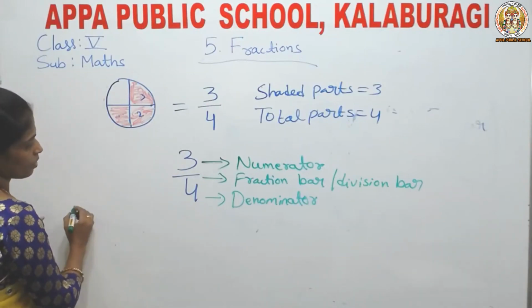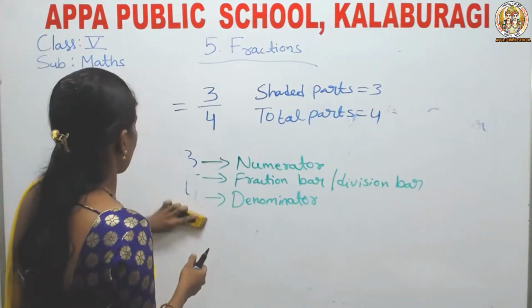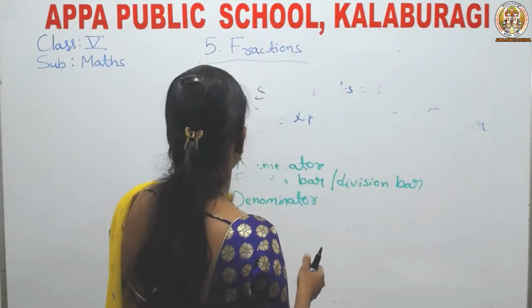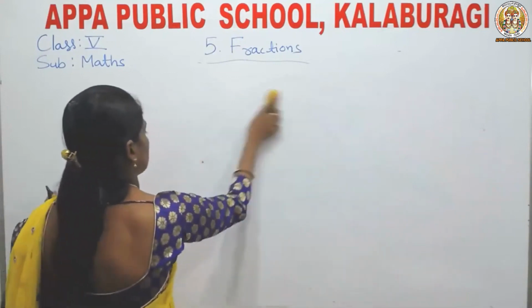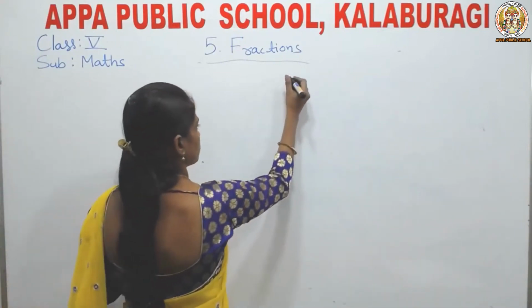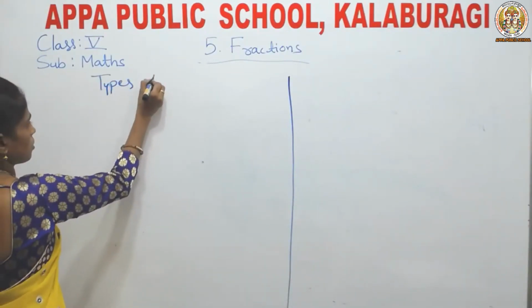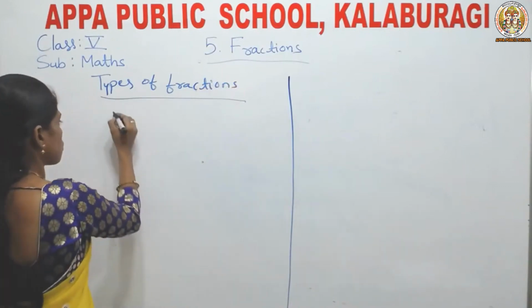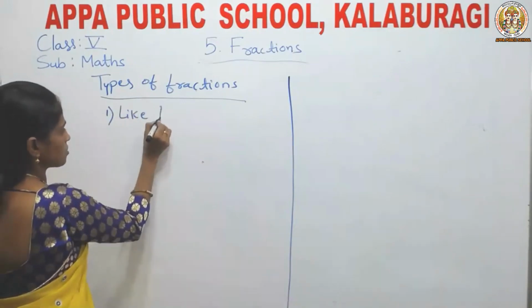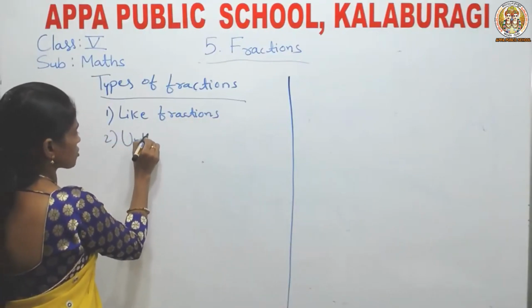Next one is types of fractions. First one, like fractions. Second one, unlike fractions.